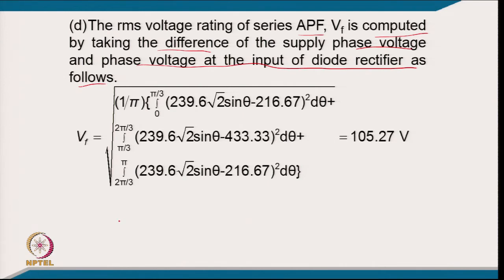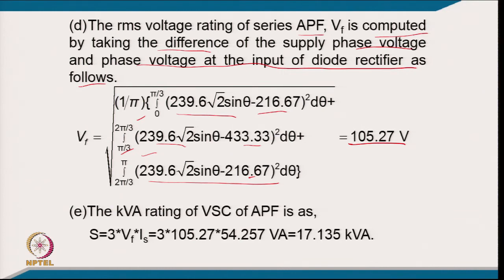Since that waveform is symmetric about the half cycle, we can take 2 upon 2 pi, and only the half cycle: 0 to pi by 3 of the sine wave of 239.6 root 2 sin theta minus VDC by 3, squared; then the second segment of pi by 3 to 2 pi by 3 with the sine wave minus 2 VDC by 3, squared; plus the third segment 2 pi by 3 to pi, again the sine wave minus VDC by 3, squared. Taking the RMS value and doing the calculation, it comes to 105.27 volt.